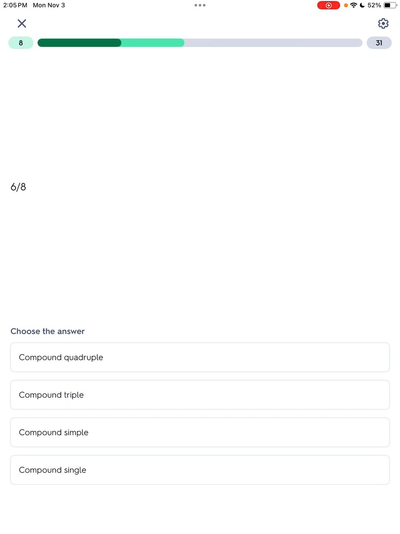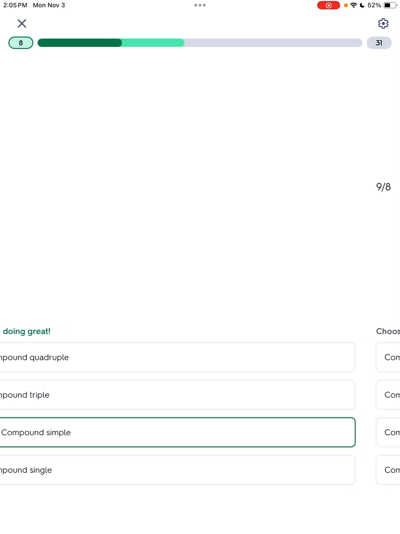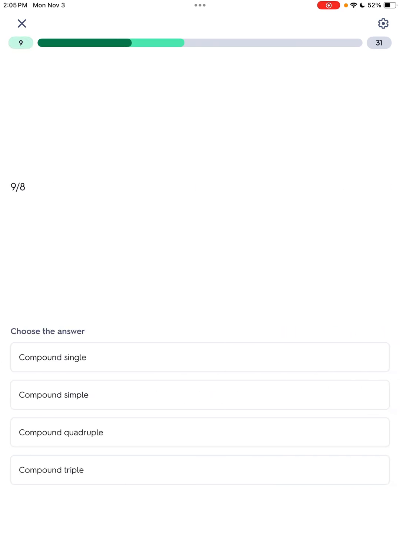6/8 is a compound triple. If I look at the 12/8, the dotted quarter is the beat note on the 6/8, the 9/8, and the 12/8. If I see a 12/8, I would see compound quadruple because it's in 4.